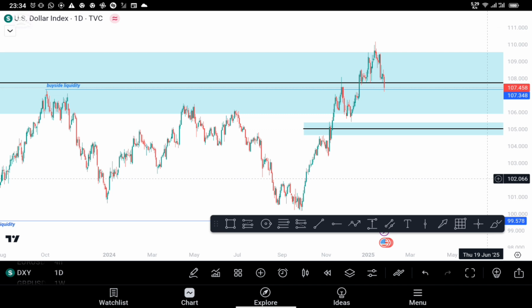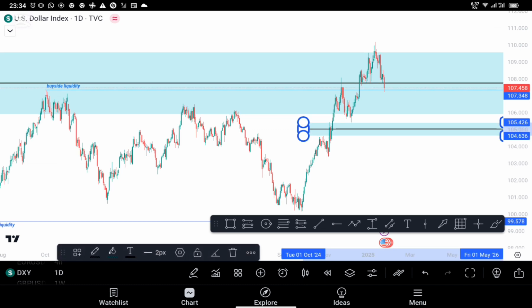That means there are stops resting below there. We rebalanced an imbalance in an uptrend. Now we are changing direction. We are going to rebalance the internal range liquidity, which is the imbalance, this one.